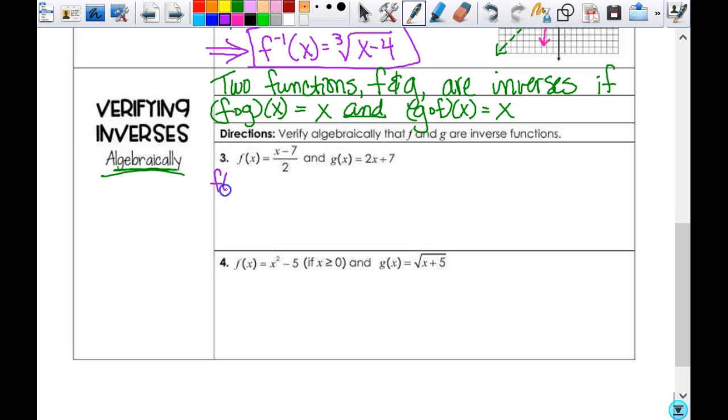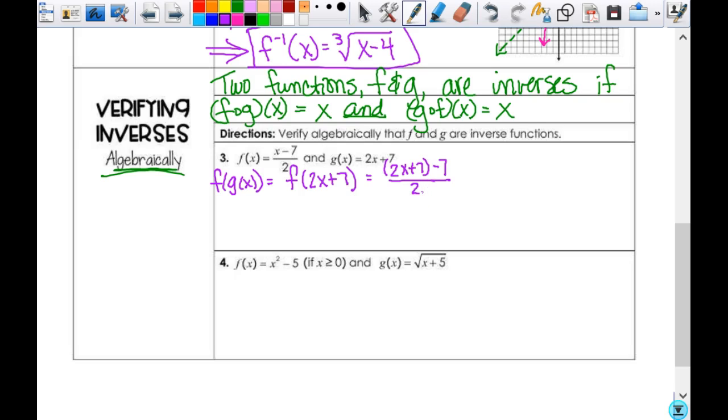So f of g of x is equal to f of 2x plus 7, because that's your g of x, right? Then I have to substitute that 2x plus 7 everywhere into f that I see an x. So I get (2x plus 7 minus 7) over 2.